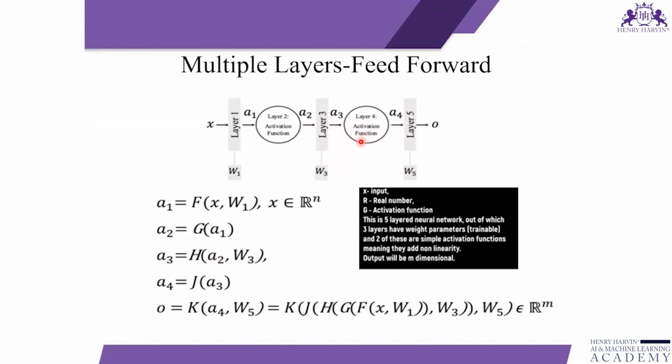It simply computes the function over the output of the previous layer A3 and gives the output as A4. And finally, we get this A4 as the output of the fourth layer. And then finally, the last layer, layer 5, computes the function over A4 and W5, right? And gives us the final output O, which connects to another network, right? So this is how the forward propagation of a neural network works.